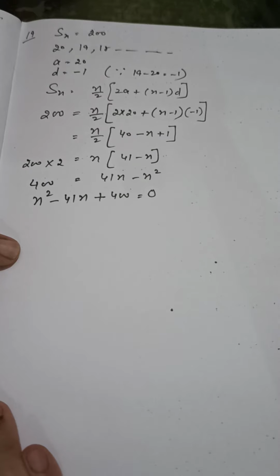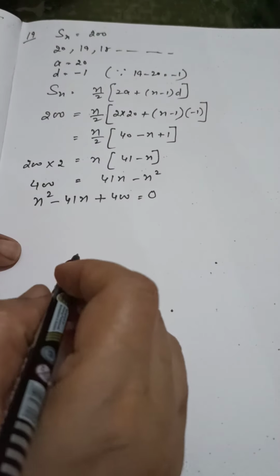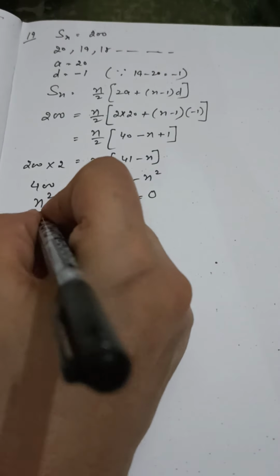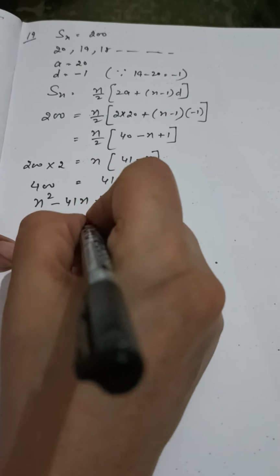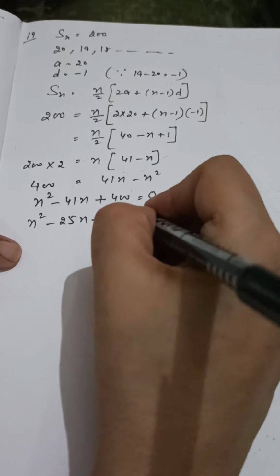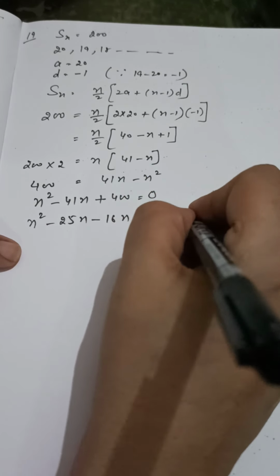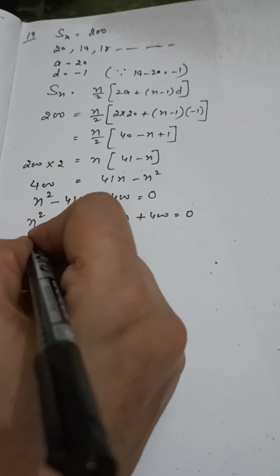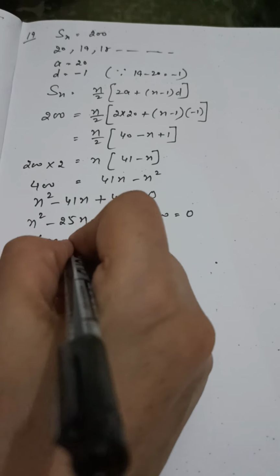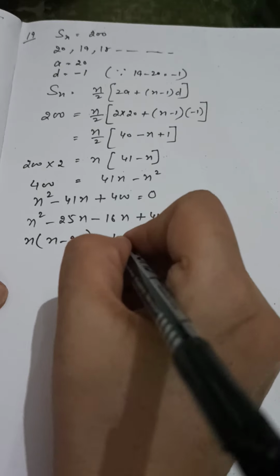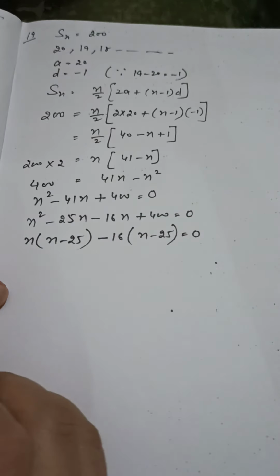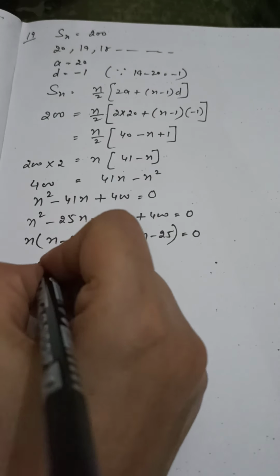Now again using splitting the middle term, we will find the value of n. N square minus 25n minus 16n plus 400 is equal to 0. 25 16s are 400. N is common, n minus 25, minus 16 is common, n minus 25, that is equal to 0.